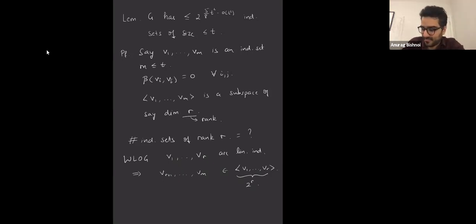And that can be estimated by just 2 to the R to the power of M minus R also, right? You can even have repetition. I just want some estimate. So we are going to estimate this final thing by 2 to the R raised to the power M minus R. Okay, but 2 to the R choose M minus R is in fact correct because you can pick any M minus R element subset.